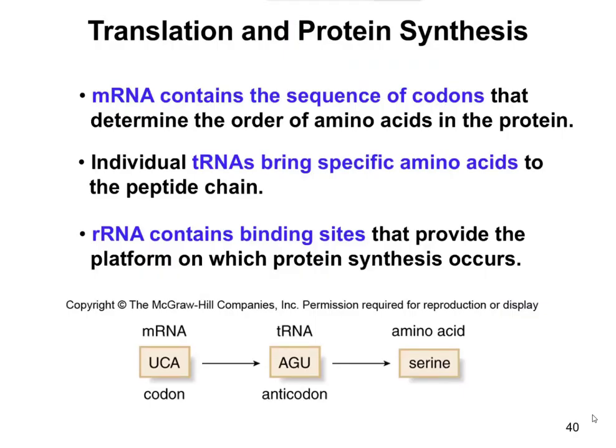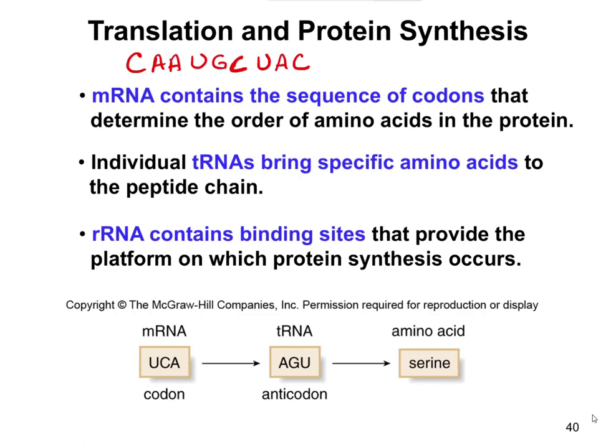All right, so in translation, messenger RNA has a sequence of codons that determine the order of the amino acids. Those codons are non-overlapping. In other words, if you had C, A, A, U, G, C, U, A, C, like that, in those 9 nucleotides you have individual sets of 3.